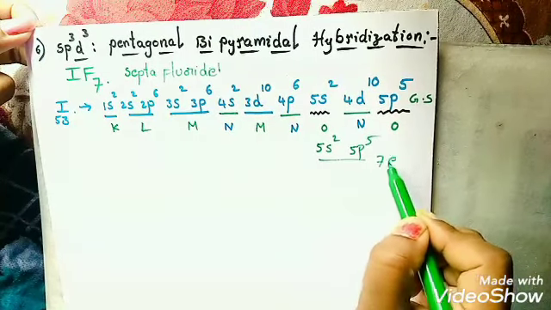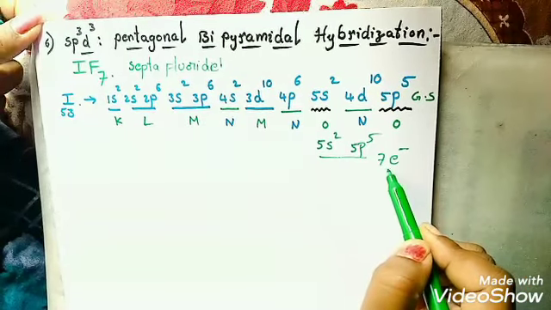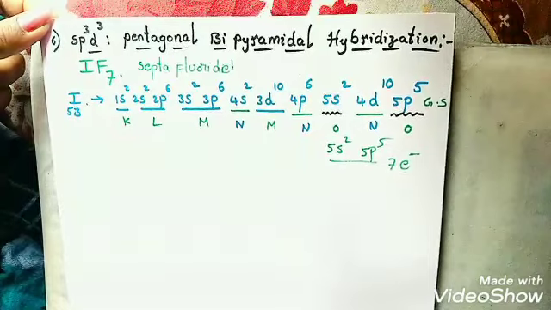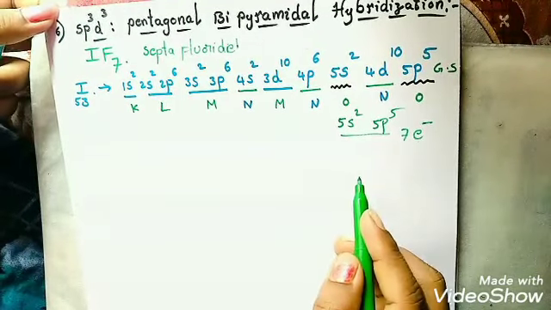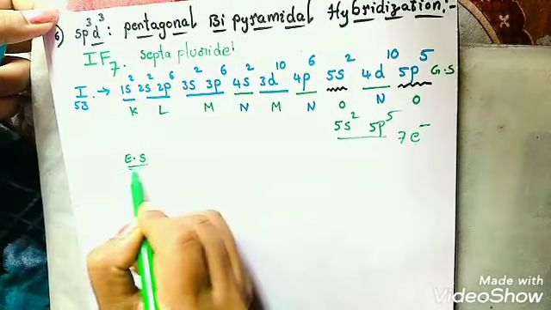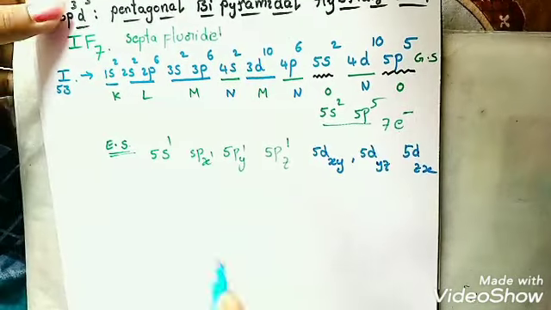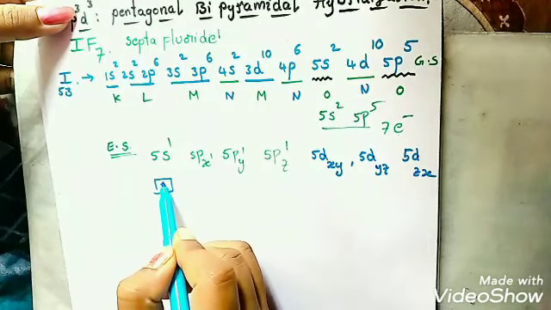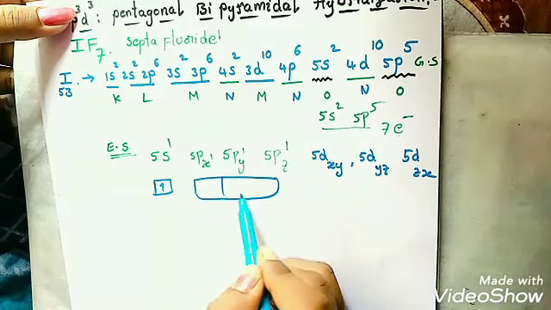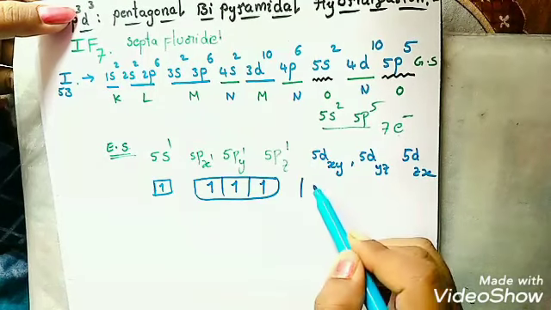So students, 7 electrons are present in its outermost shell, so that these 7 electrons can participate in the bond. So students, if you write for iodine, excited state electronic configuration, that must be 5s1. Here only one electron, but here in the p orbital 5px1, 5py1, 5pz1.